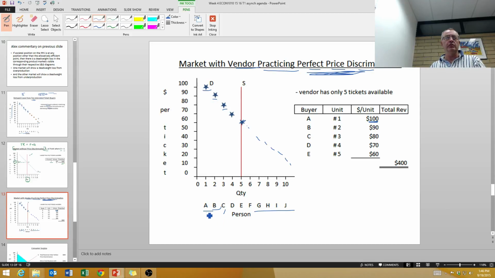So person number A was willing to pay $100, so person A pays $100. Person B was willing to pay $90, so person B gets charged $90. Person C gets charged $80. Person D gets charged $70, and person E gets charged $60. So again, we only have 5 tickets that get sold, but the total revenue that the vendor generates in this case is $400 rather than the $300 in the situation of no price discrimination.